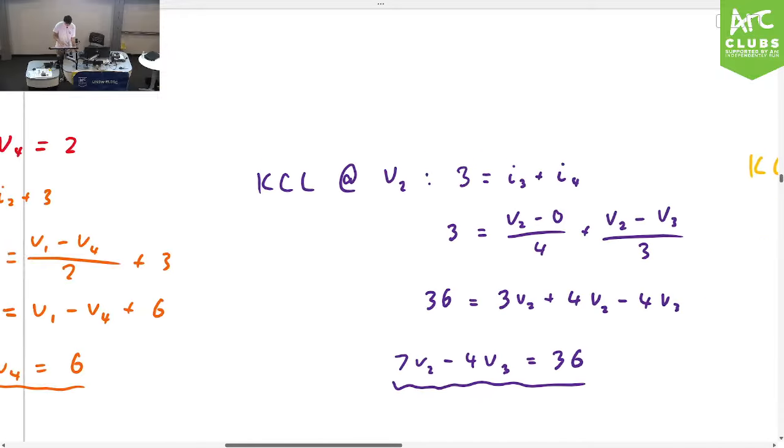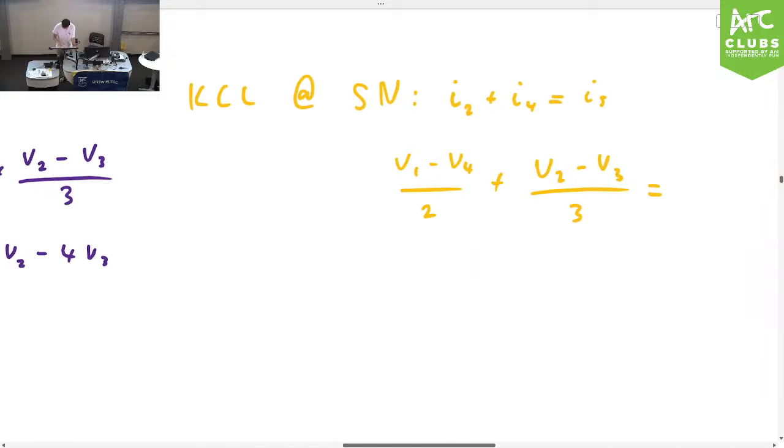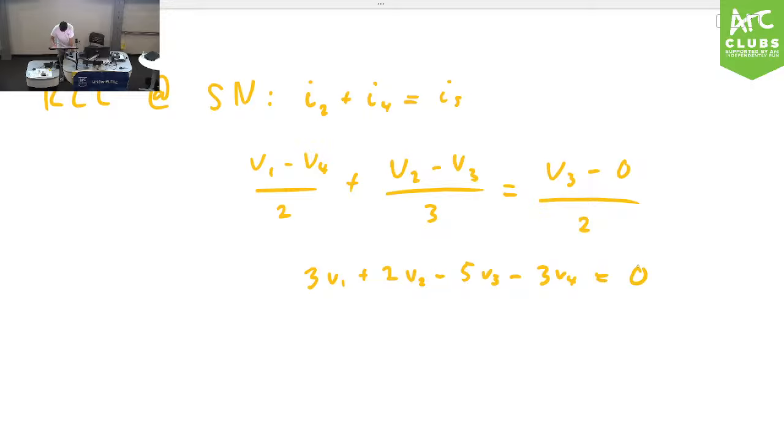And I5, if you have a look, we can rewrite as V3 minus 0 over 2. Now if I do the same process, I'm just going to go to what you should get. You should get 3V1 plus 2V2 minus 5V3 minus 3V4 is equal to 0.